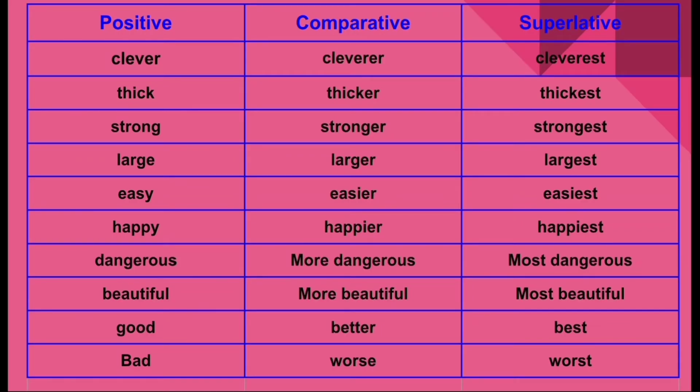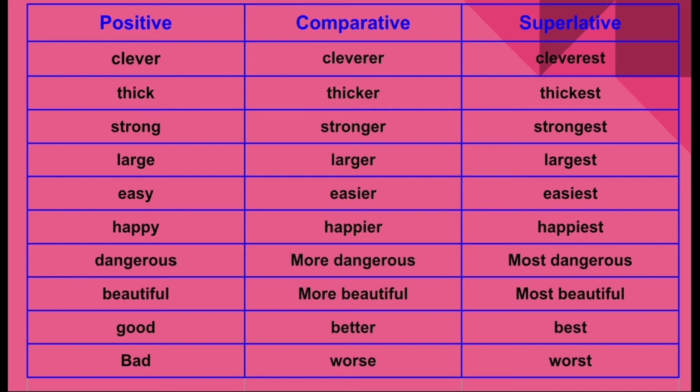We can find the three forms of adjectives: positive degree, comparative and superlative degree. For example, clever, cleverer, cleverest, thick, thicker, thickest. We can add er to the adjective and make the comparative form. We can add est and make the superlative form. But where the words have more than two syllables, there we use more and most.